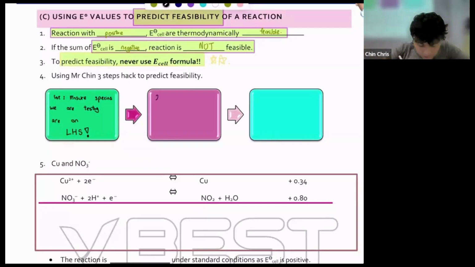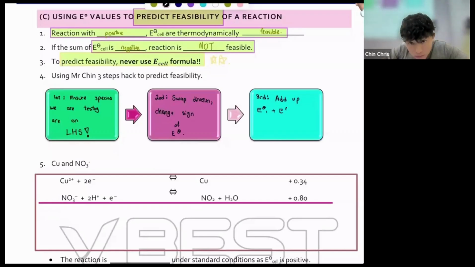Okay, second, if you swap the direction, you have to change the sign of your E naught. Then, guys, you see here, now you have to add up your E naught 1 plus E naught 2 to find E feasibility. That's it.